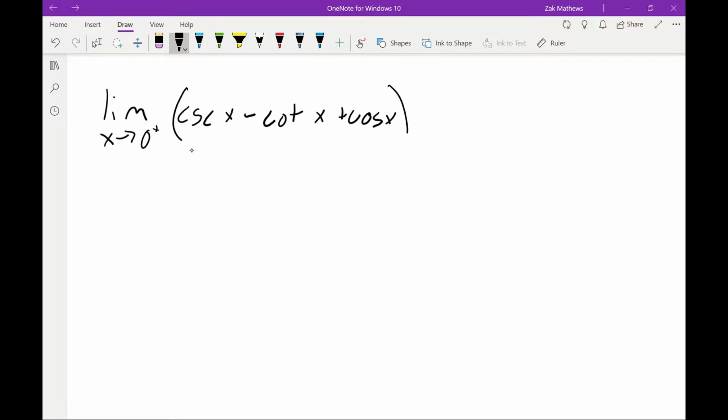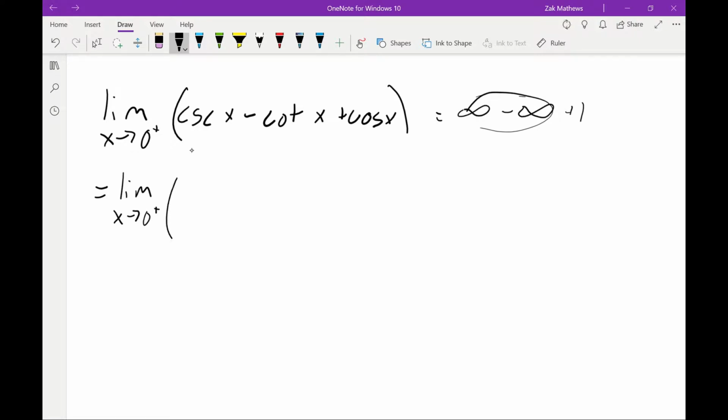So if I were to plug in my 0 right now, cosecant of 0 from the right, well, if we think about cosecant, that's 1 over sine, that's heading to positive infinity. And then we have cotangent, that's going to infinity as well, so we get infinity minus infinity plus 1. Well, right here, there's our indeterminate form, infinity minus infinity. But that's not a form that L'Hopital's deals with. So I need to think about something else I can do first.